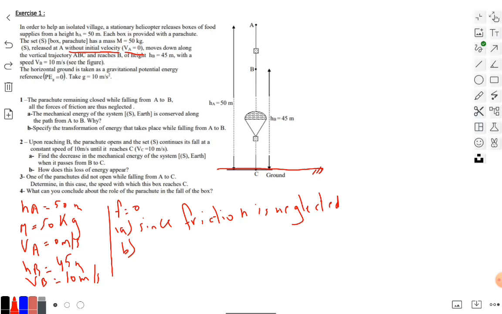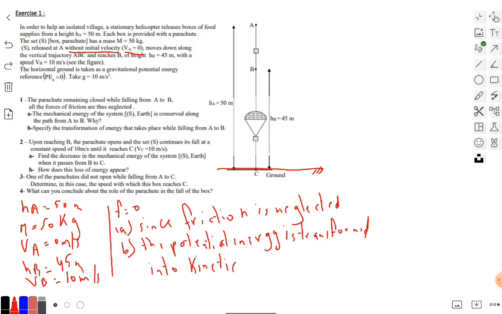So the potential energy is transformed into kinetic energy.